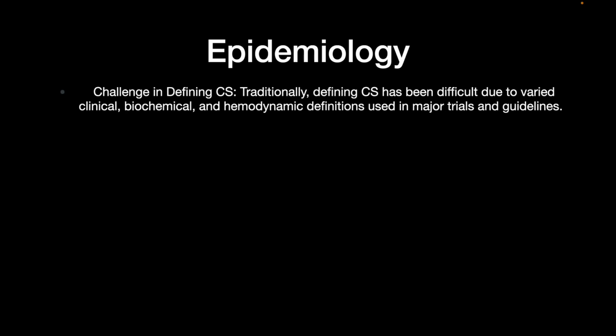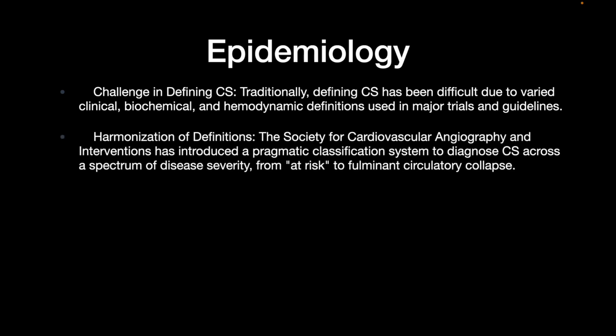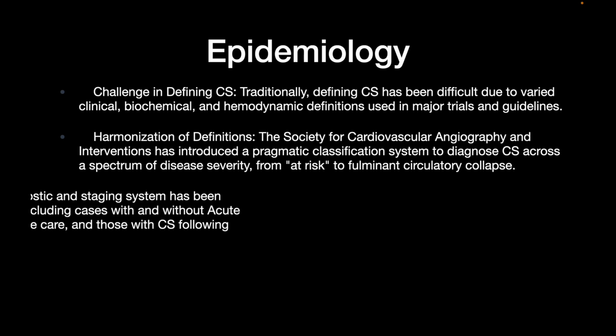So the epidemiology. Traditionally, defining cardiogenic shock has been very difficult due to varied clinical, biochemical, and hemodynamic definitions used in various trials, guidelines, and societies. Now, the harmonization of the definition was done by the Society of Cardiovascular Angiography and Intervention, where they introduced a pragmatic classification system to diagnose cardiogenic shock across a spectrum of disease, from at risk to fulminant circulatory collapse.